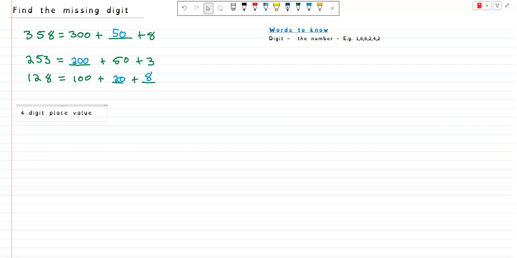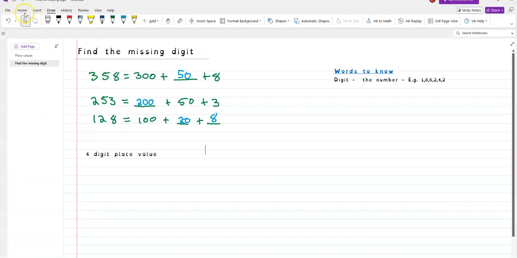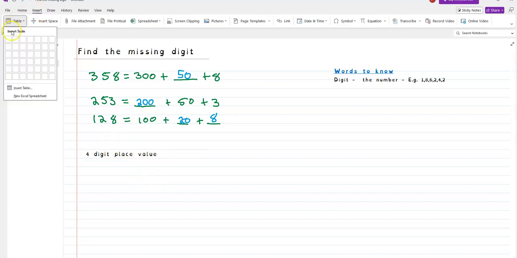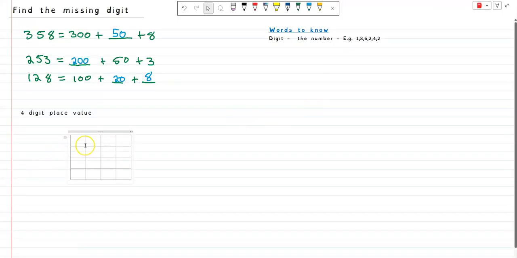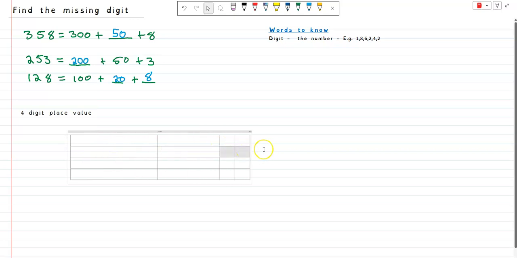When working with 3-digit place values, we have ones, we have tens, we have hundreds, right? And what would be the fourth value?